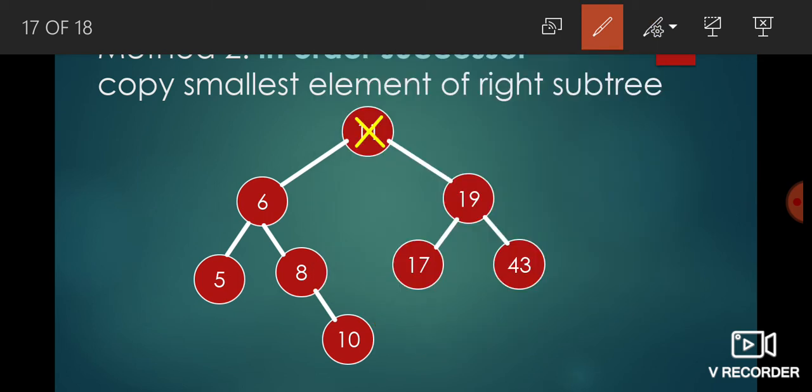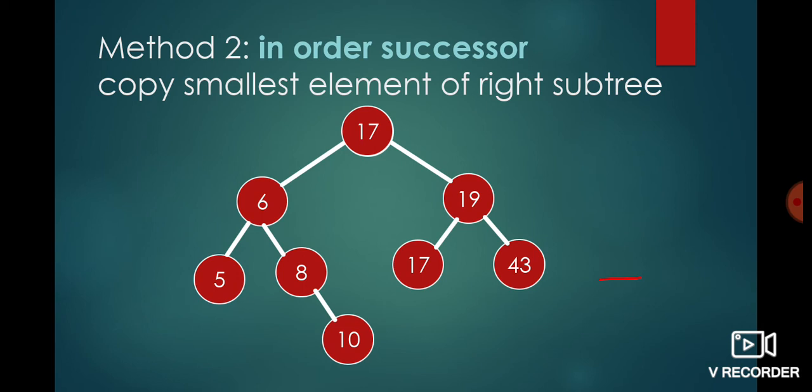Now overwrite 11 by 17. We overwrite 11 by 17, the smallest element of the right subtree, and then we delete this 17. So in this way there are two methods to delete a node which has two children.